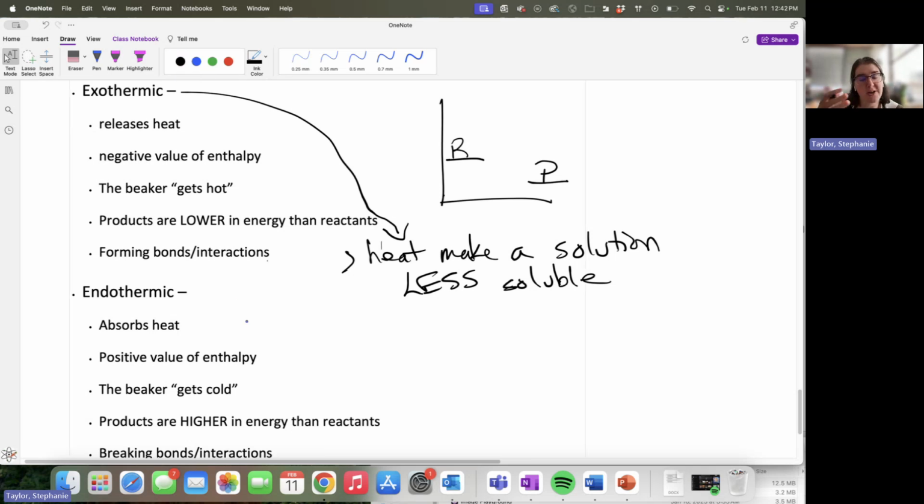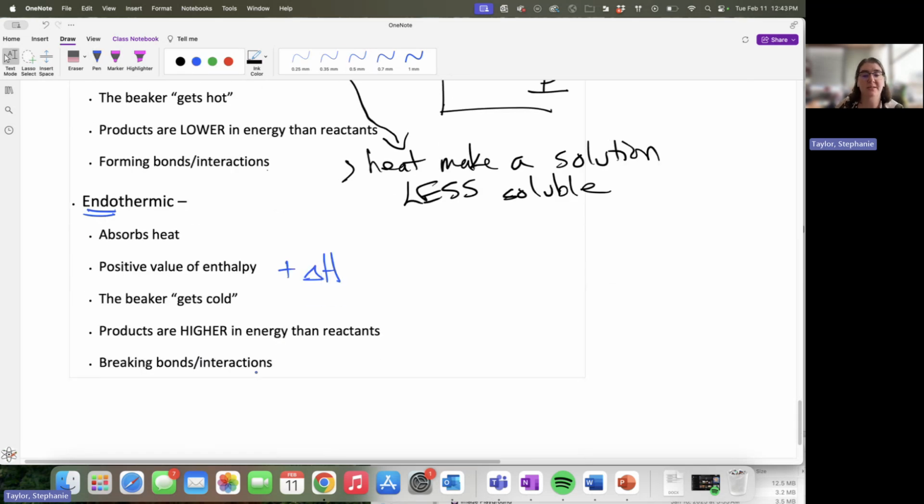So for an endothermic reaction, as you might imagine, it's the opposite of all of these things. So an endothermic reaction, endo, within, exo, exit, leaving, endo, within, absorbs heat, positive value of enthalpy, or that positive delta H value. The beaker gets cold. Products are higher in energy than reactants.